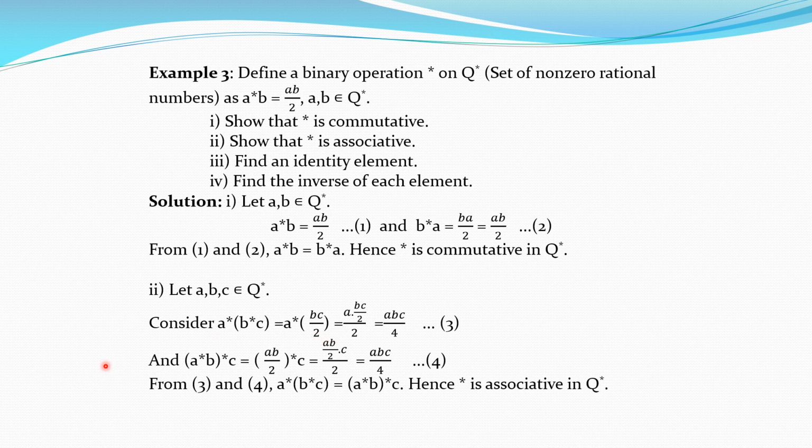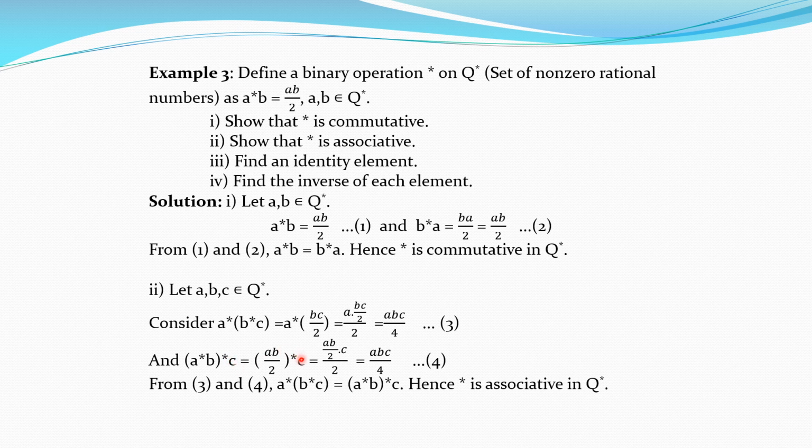Now the other side is (A star B) star C. So apply the definition of A star B here. So it is equal to AB by 2 star C, which is equal to, again applying the definition of star, AB by 2 multiplied by C, whole divided by 2.